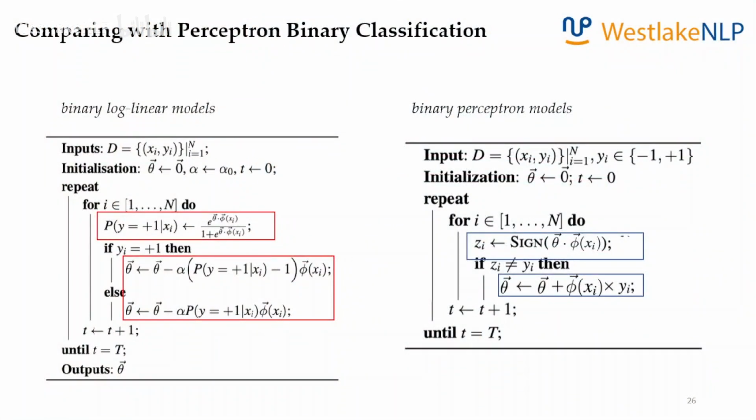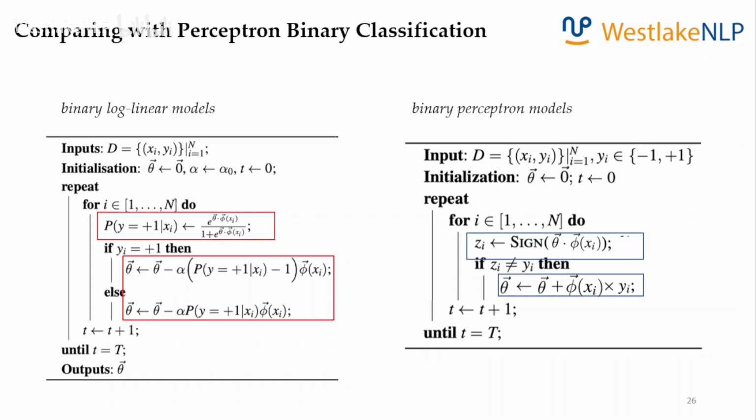In the binary case, the initialization could be all zeros. The iterative process could be completely similar. You go through the training examples one by one. And the update process is also very similar: you add feature vectors to model parameter vectors.